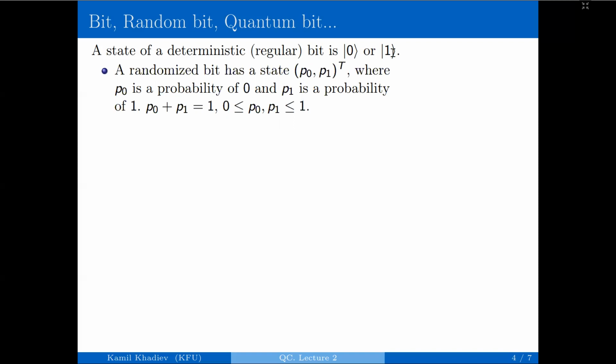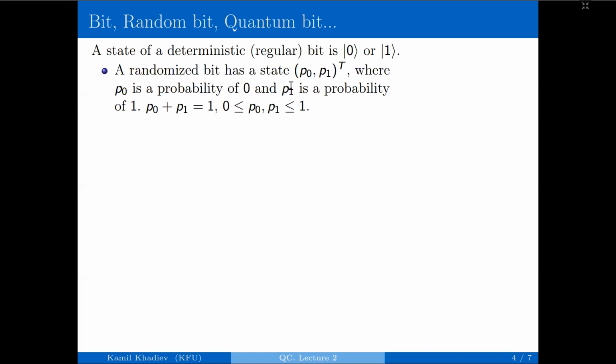Okay. So a deterministic bit has a 0 or 1 value. What about the randomized bit, or random bit? It is a bit that can be in state 0 with probability P0 and state 1 with probability P1. Assume that we have some randomized algorithm that changes this value depending on some randomized mechanism.